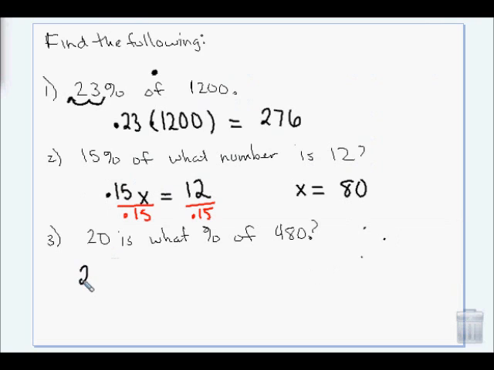And then here I have 20 is equals what percent? I don't know what my percent is, so that's x, right? Of 480, that's multiplying, so I have 480x. So I'm going to divide both sides by 480.